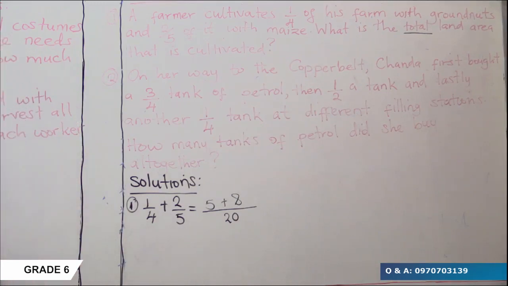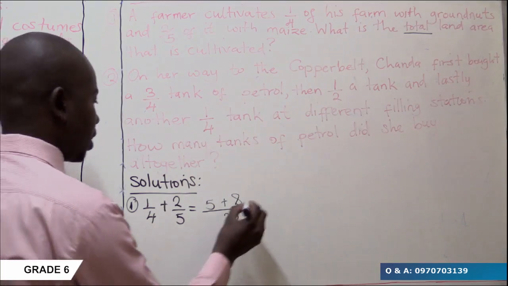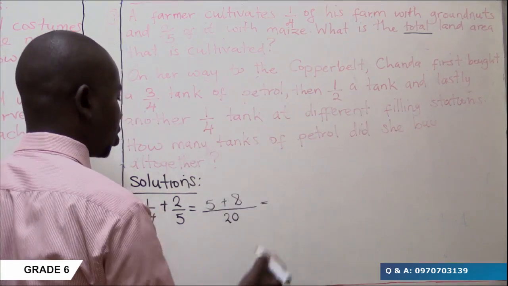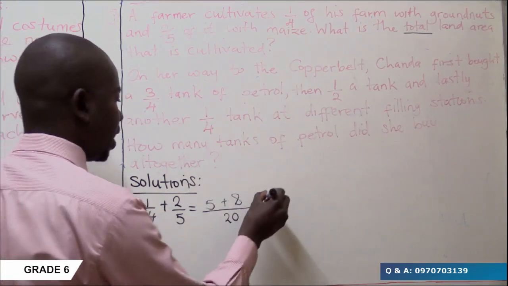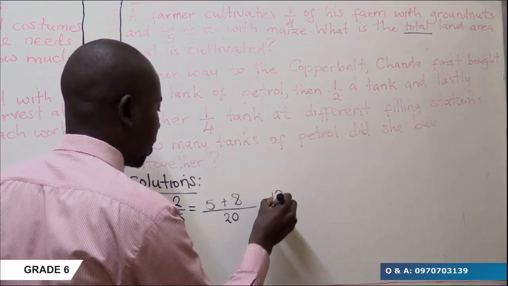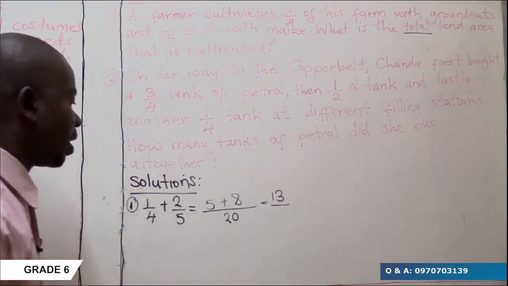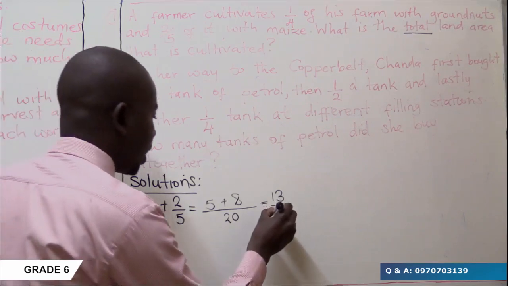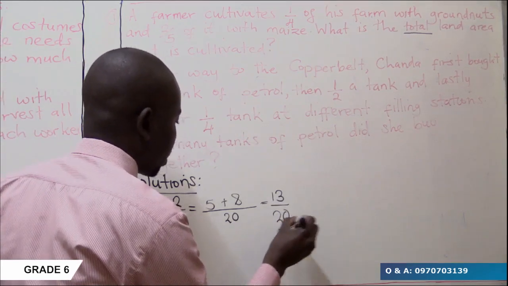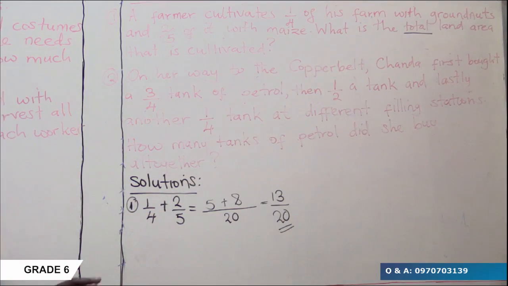Then 5 plus 8, the answer is 13. So it's 13 over 20.